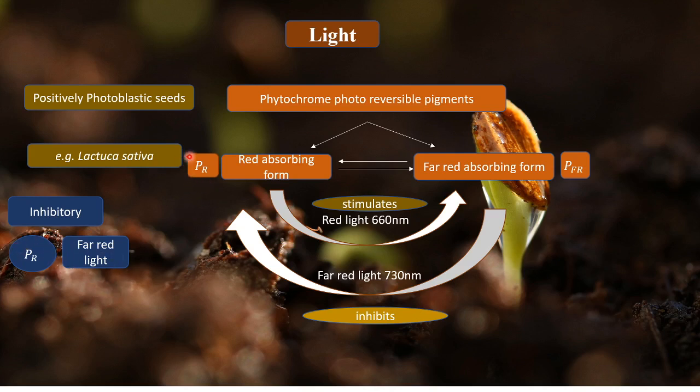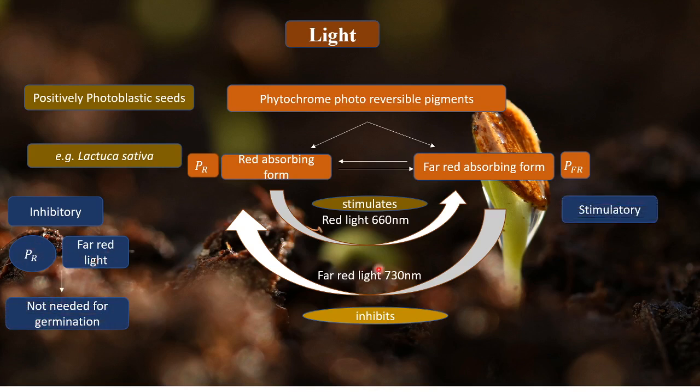So when the pigment will be in PR form, germination will not occur, and this is caused by far red light, by absorption of far red light. So this is inhibitory, right? This is not needed for germination, that is, this will inhibit germination.